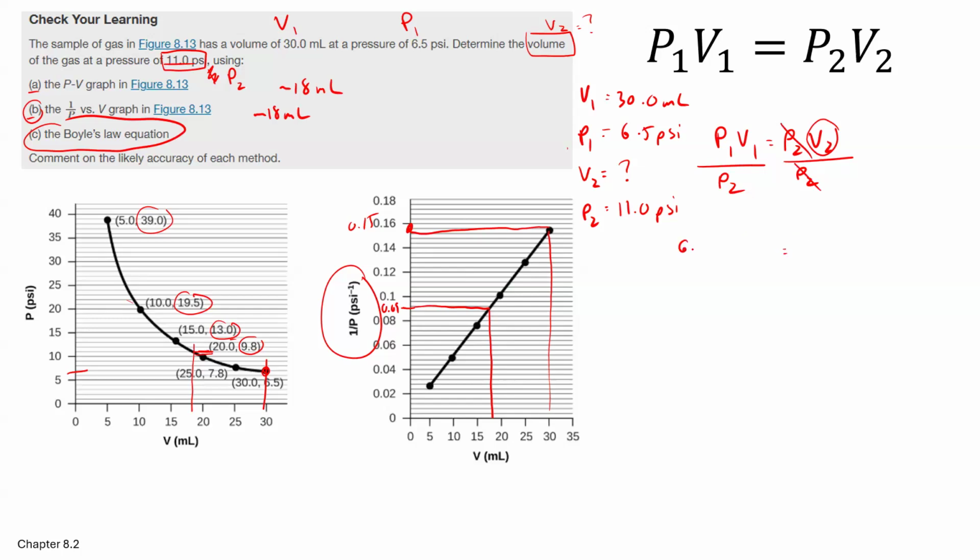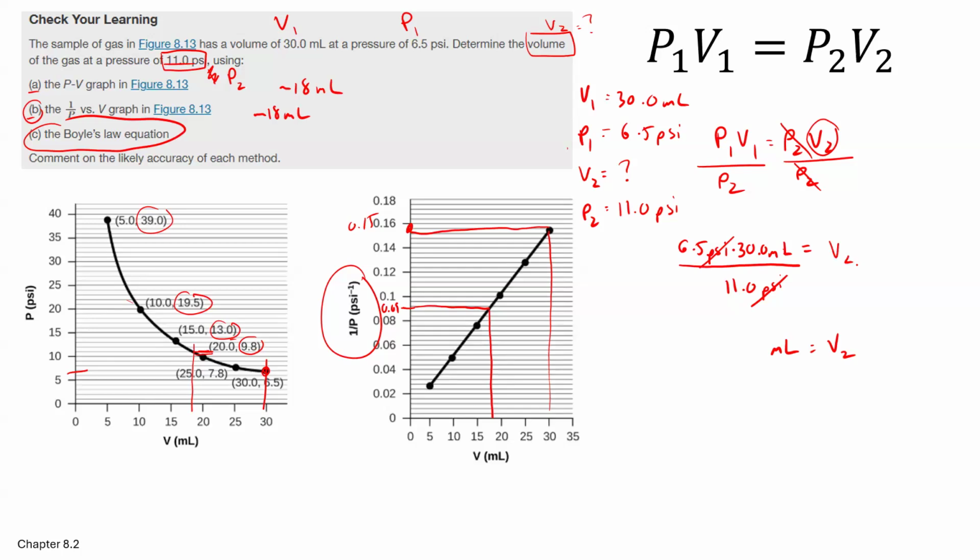Let's check it out. P1 V1, 6.5 psi times 30.0 mils over 11.0 psi. Psi cancel out. We're left with mils. And this is going to be V2.